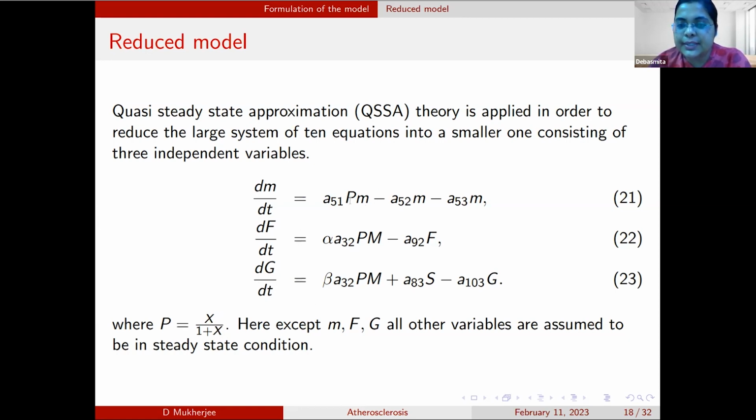And here you can see that capital P is a new term present. This capital P already has oxidized LDL, and all other variables are also present in the model. Later on, we will see that the equilibrium points or the results which we were expecting from the 10 equation model and from this 3 equation model are similar in nature.